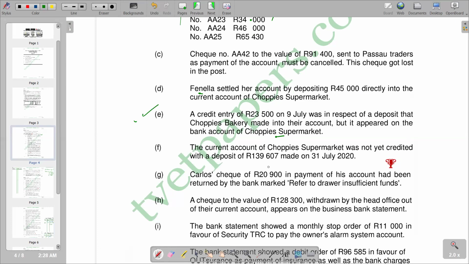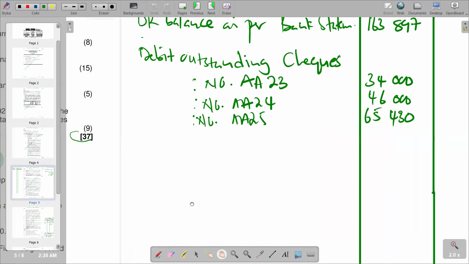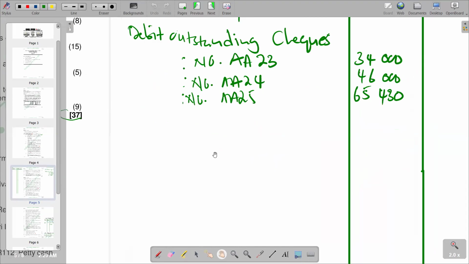So removing it, you go to the debit side of the bank. Remember, it's on the credit side of the bank statement. So you have to go to the debit side to remove it. So we're going to the debit side of the bank reconciliation statement. So we go there. So this is our bank reconciliation. We are just correcting. We are just debiting a bank error.